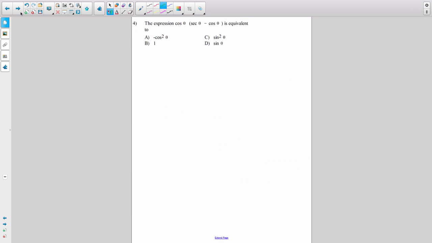Next question. Number 4. Okay, this is multiplication. So let's see. Cosine times secant, cosine times negative cosine. Let's follow the rule here. Let's try to make everything sine and cos. So cosine times secant is a reciprocal function, which is 1 over cos.